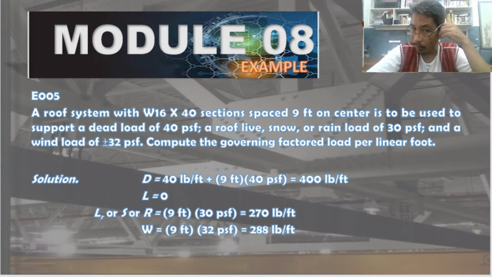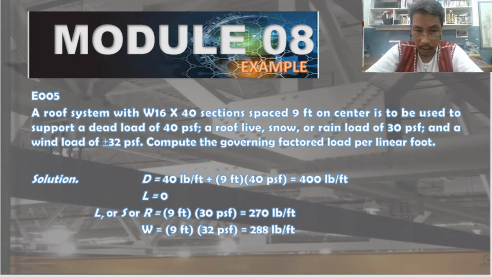So 360 plus 40, that is 400. So how much is the live load? 0. How much is the roof live load? 270, because we have 9 center to center times 30, that is 9 times 30, 270 for rain load.